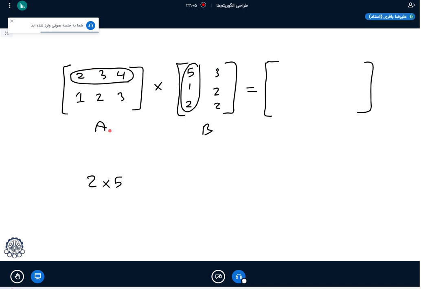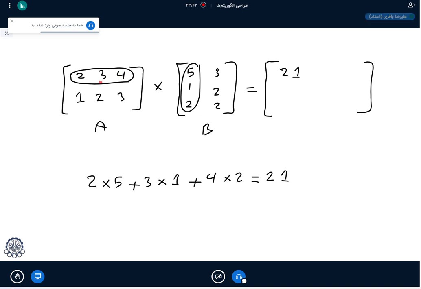I mean 2 is multiplied by 5, then it is added to the multiplication of 3 by 1, plus the multiplication of 4 by 2. The result is 21. So we have 21 here.